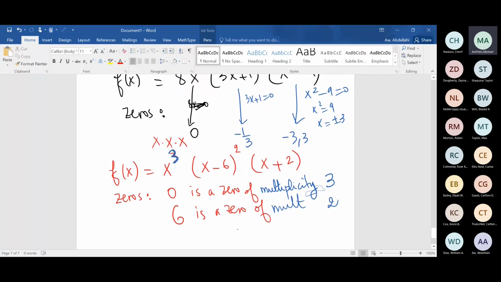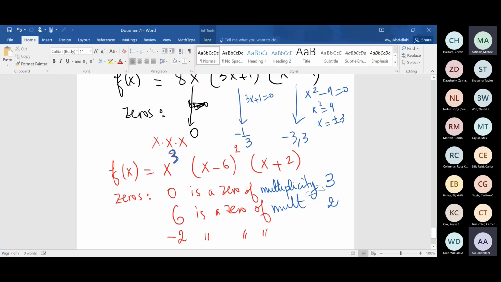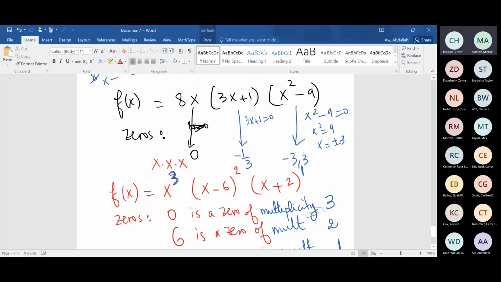Just once. Of multiplicity 1, right? Which is the 1 here. Sir, yes. So 0 is a zero of multiplicity 3.